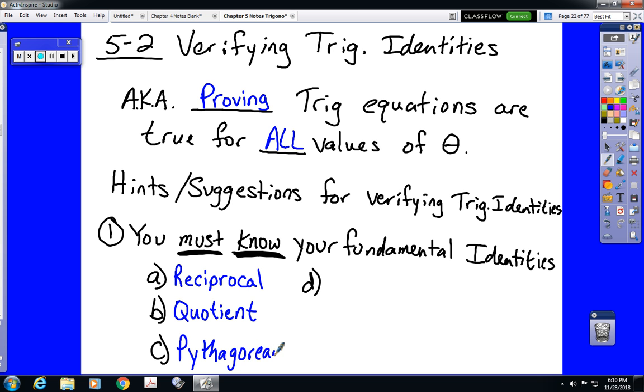On occasion, you may even need your cofunction or negative angle. There's a couple other sets we've already talked about, but these three are the big three: reciprocal, quotient, and Pythagorean. We went over all three of those sets of identities again in the section 5-1 notes, but we had covered them earlier in the book back in chapters 1, 2, and 3.